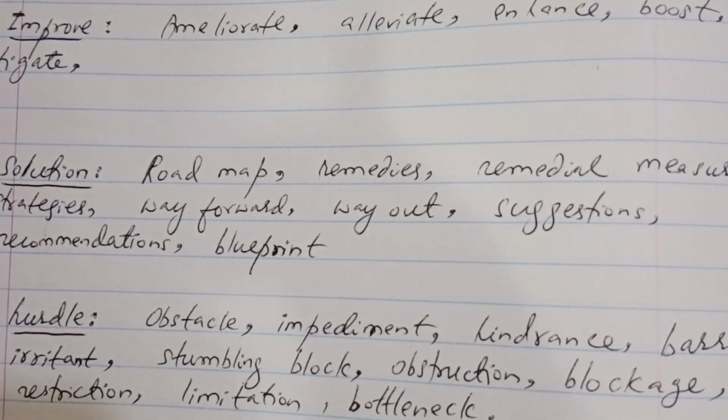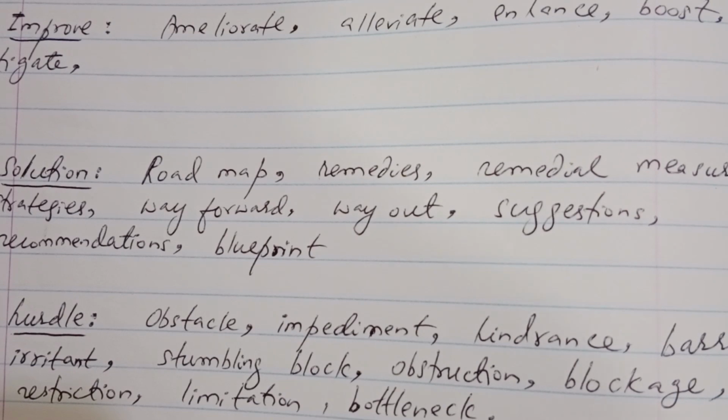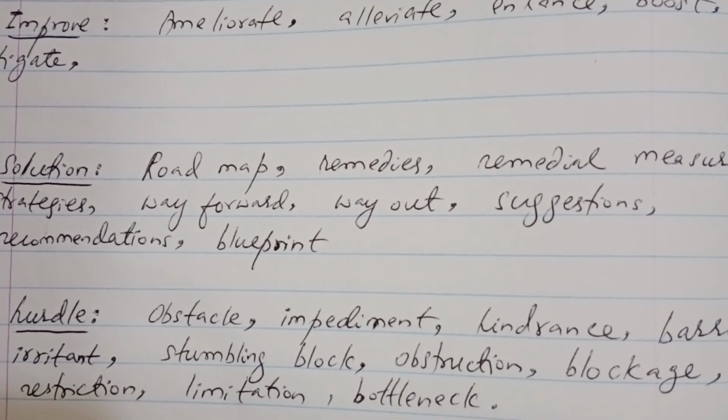You must remember many of the synonyms for the word solution, as it will beautify your writing task, and you will not repeat the word again and again. So this will be an edge for you, and you will ace band 9 in your IELTS writing task. So here are the synonyms.